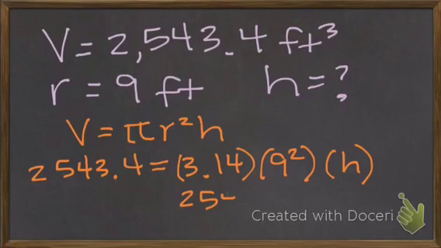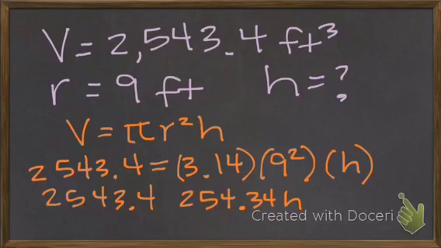Gives me 254 and 34/100. And now I know this is times h over here. Since it's times h, I'm going to go ahead and divide by 254 and 34/100.